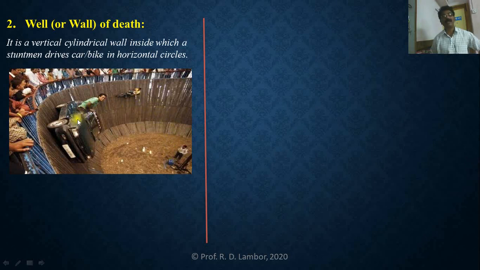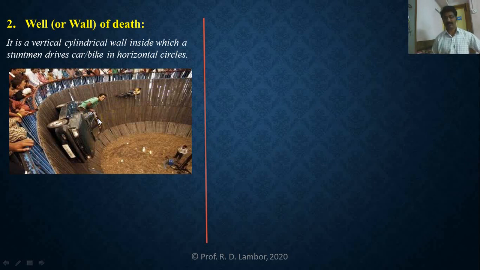And the riders are very close to horizontal. So the angle between the wall of death and the rider is very close to 90. Means the angle between the rider and the horizontal is very close to 0.